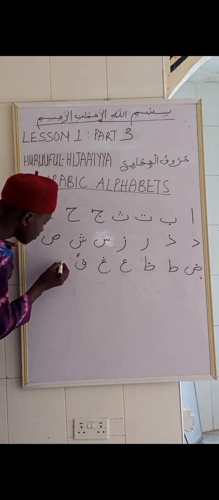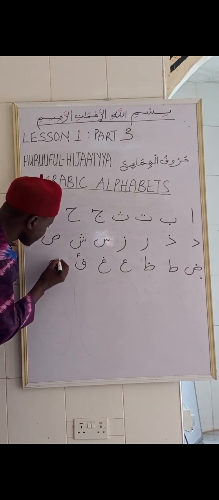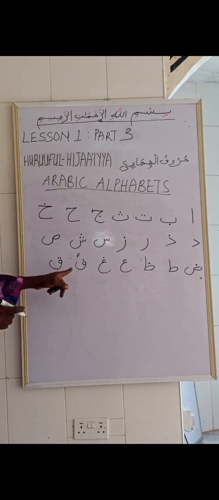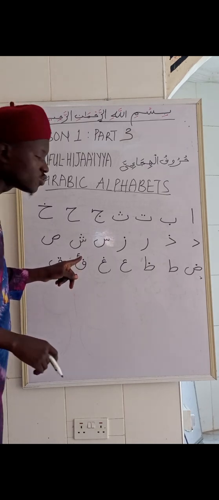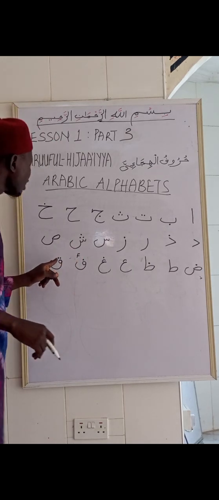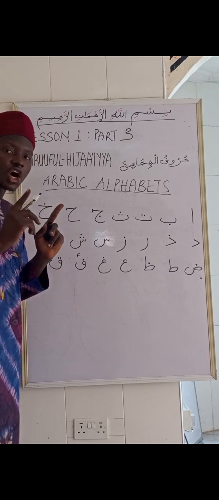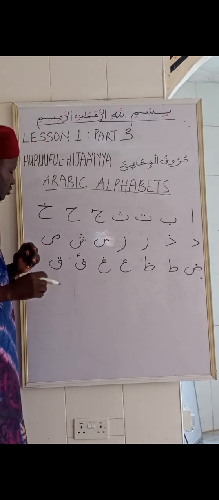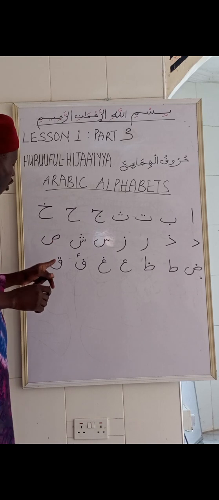Qaf, with two dots. The only difference between fa and qaf is that fa has a single dot at the top, while qaf has double dots at the top. So you have to take note of that. Qaf.